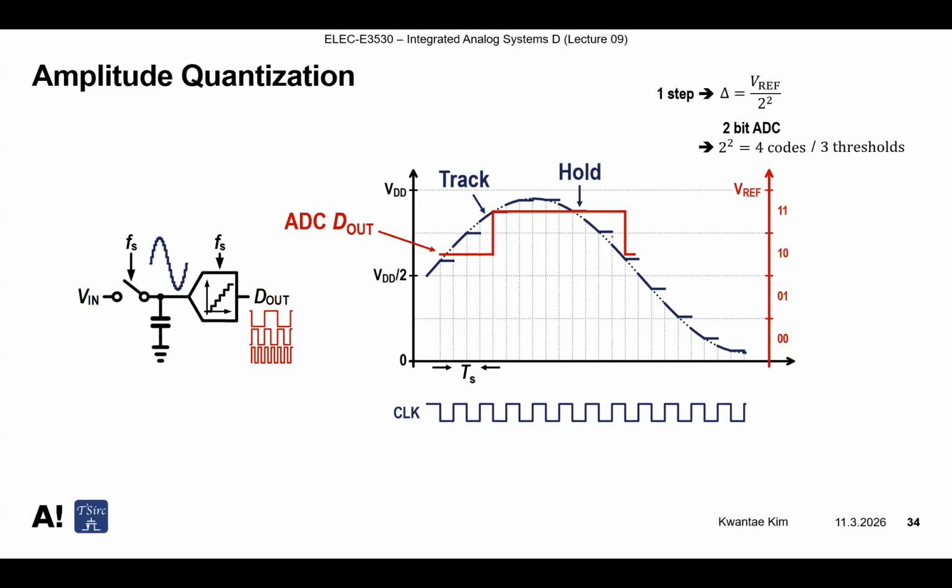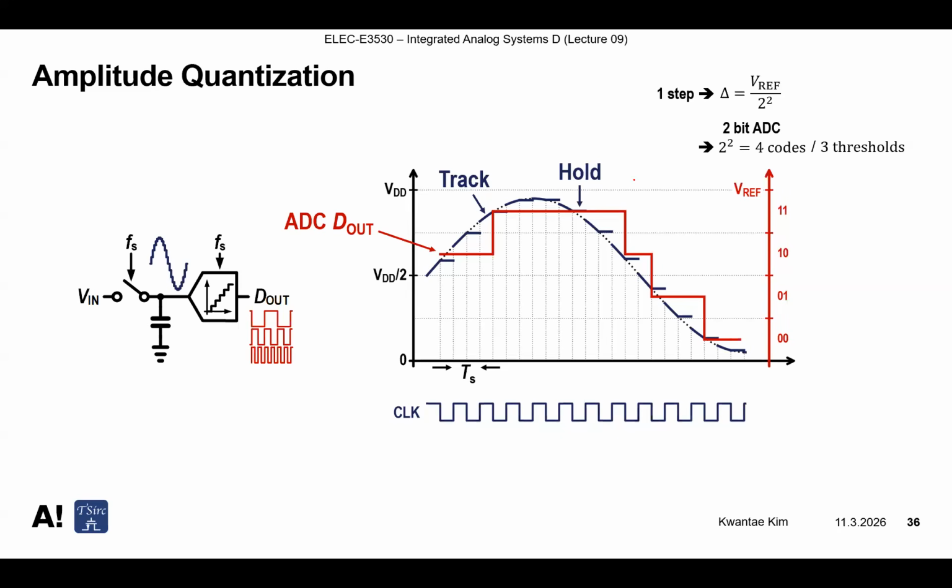Once we produce the 11 output, the ADC output doesn't change during the next track phase. And because the analog input signal is between the last threshold and the second last threshold, we produce the digital output 10, and so on.